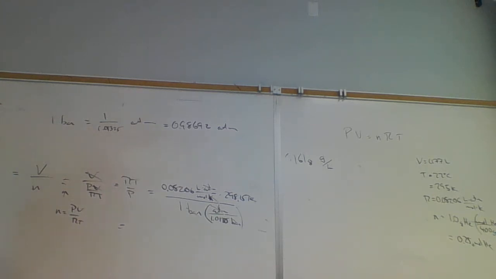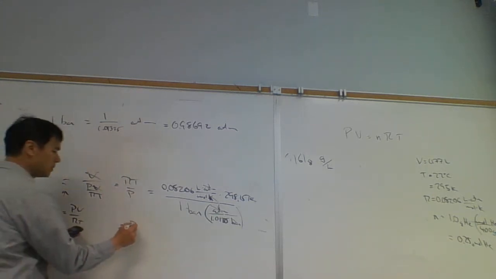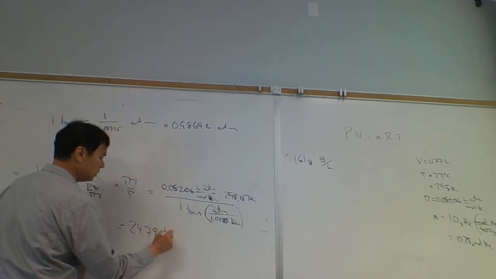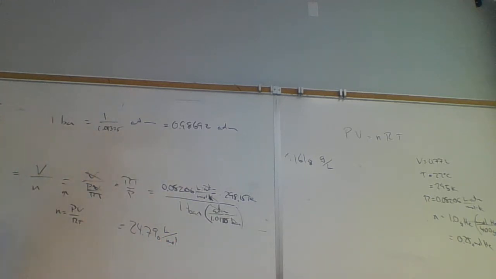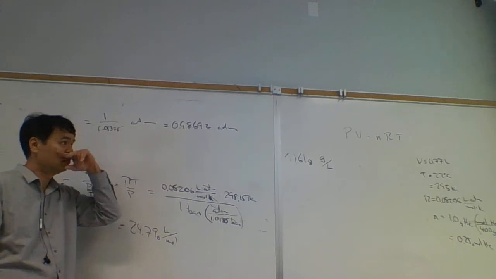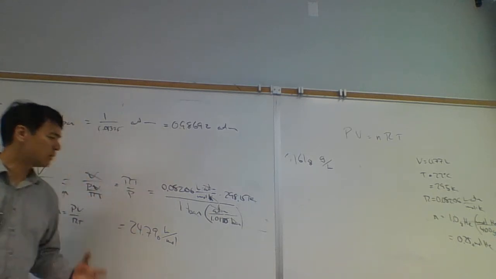So a little bit less pressure, it's going to expand. It expands to 24.790 liters per mole. Under a pressure of 1 atmosphere, it's 24.45 liters. Under a pressure of 1 bar it's a little more. It grows a little bit. Not much, but it grew a little bit, 0.34. Okay, what happens when I cool it down?